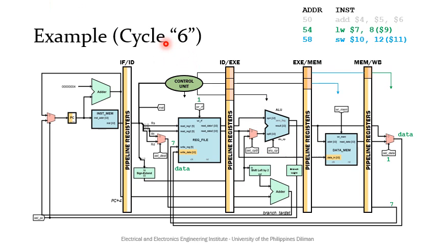At cycle 6, the fetched data from the memory reaches the register file with mem to reg asserted. The delayed register number 7 also reaches the register file with now an asserted write RF signal.